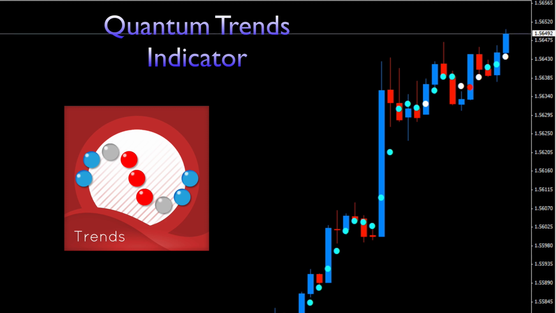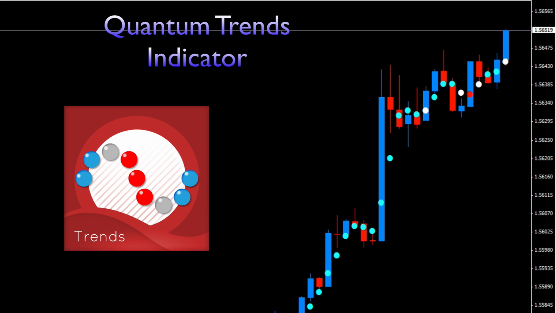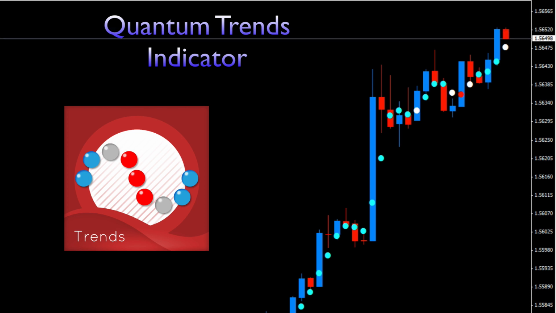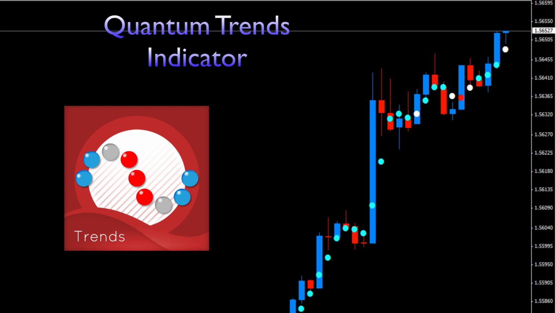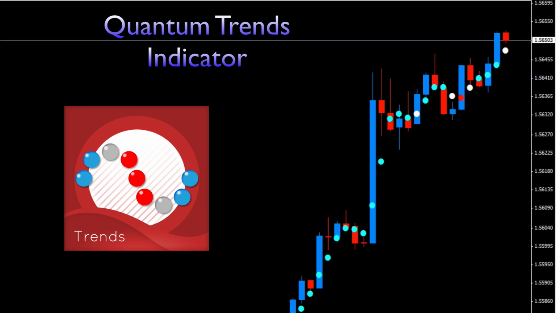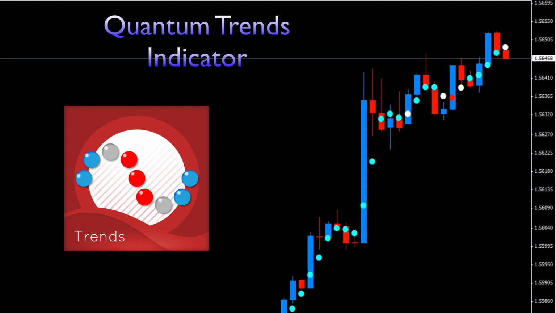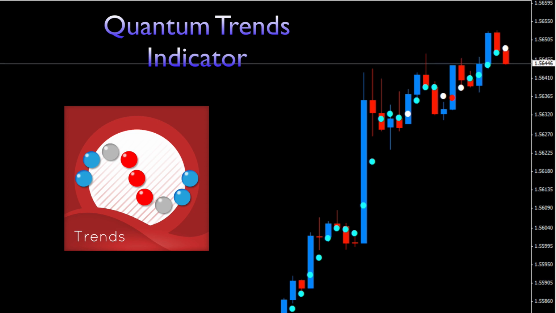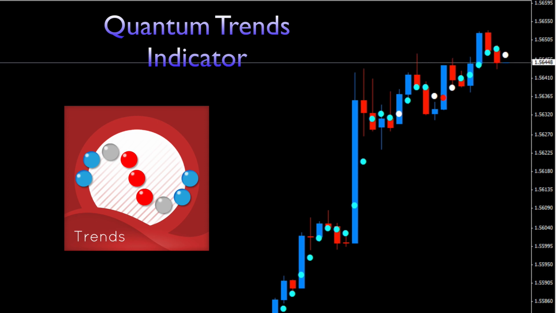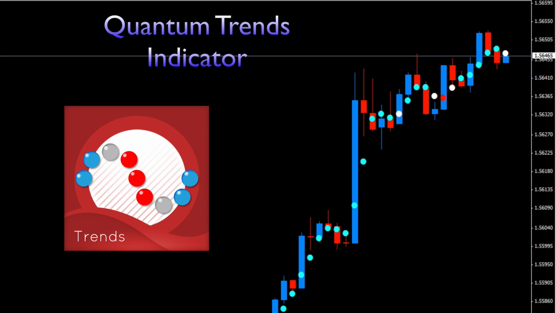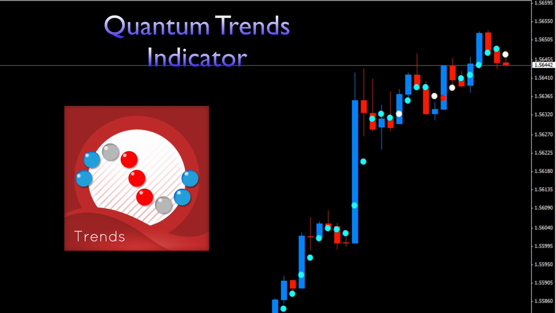And you can see as the price action forms, the trend dot will move around considerably, and judging where it is in relation to whether it's in the upper third, the lower third, in the body of the candle, or is it outside or well outside the body of the candle, will give you clues as to whether a trend is slowing, picking up momentum, or moving into a congestion phase.